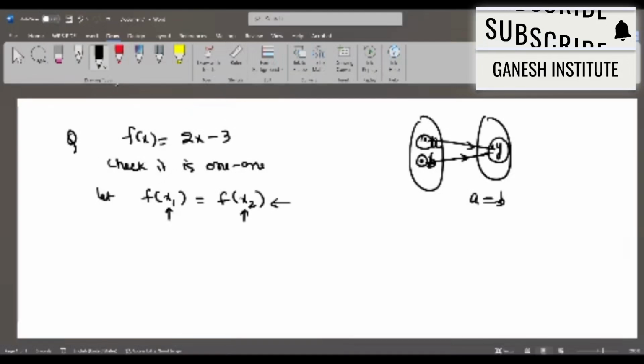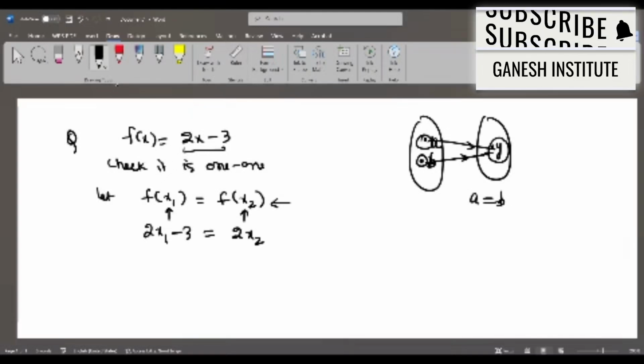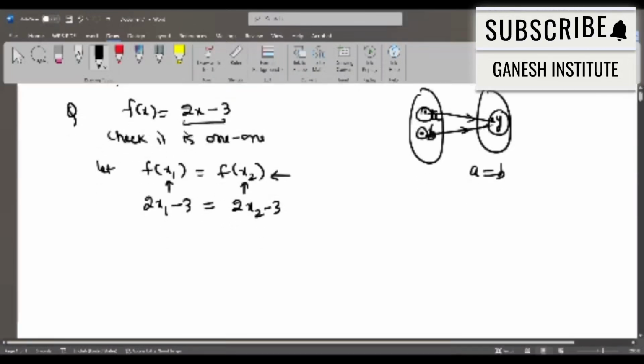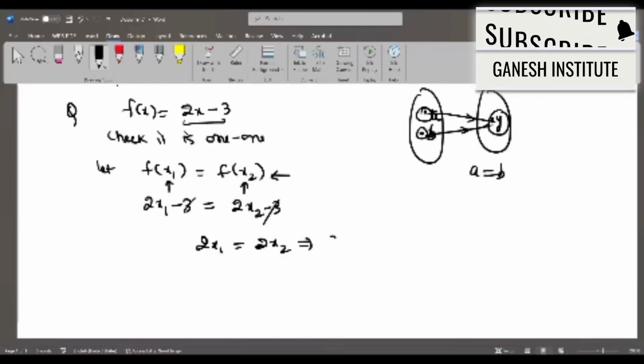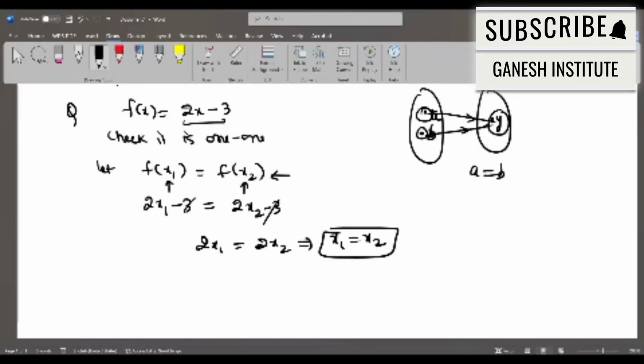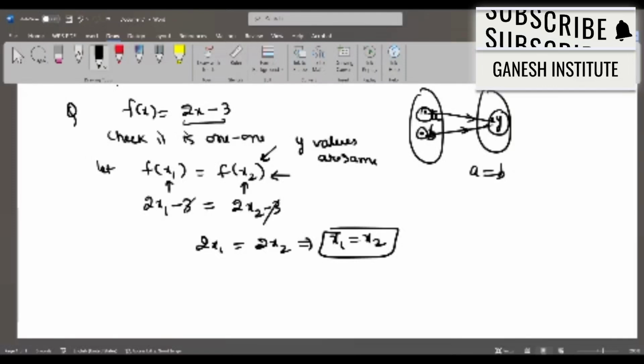I'll explain you later. F of x1, substitute here in place of x, x1, here x2. Is this fine? This is gone. 2x1 equals 2x2. That means x1 equals x2. So though I had assumed that y values are the same, this also implies that x values are also the same for which I am getting the same y values.